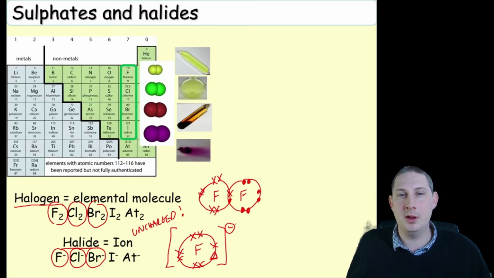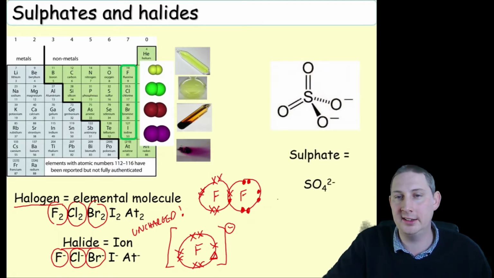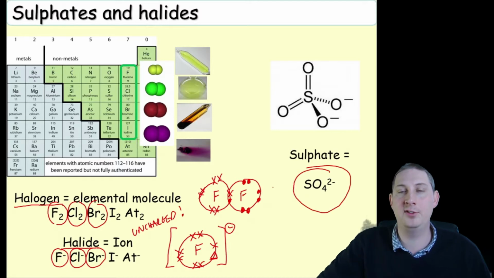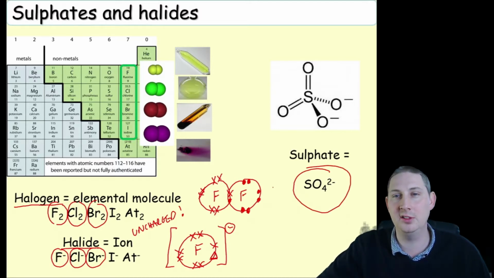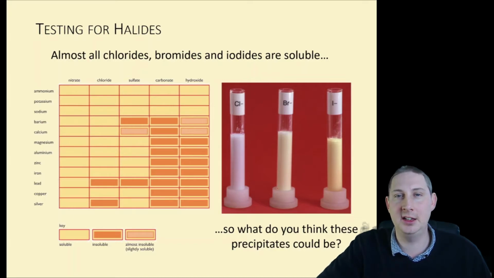The other ion we're going to look at is sulfate, SO4 2-. If you haven't learnt that formula and charge by now, you really need to do that. So sulfate, SO4 2-. Start off with testing for halides.